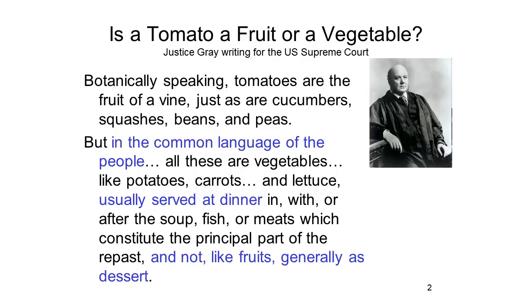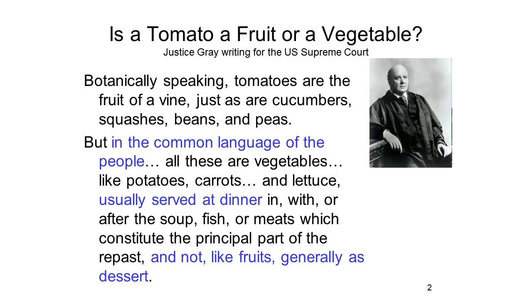Notice that he didn't compare the features of the tomato to the defining features of either category, either fruit or vegetable. Rather, he focused on characteristic features, features that are correlated with category membership, but not defining of any particular category. For example, that tomatoes are served with dinner, but not as dessert.